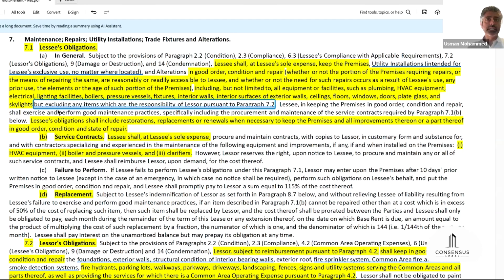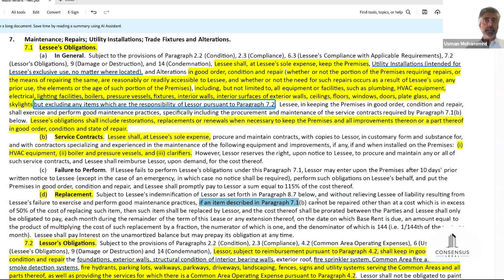Under 7.1d, if there are certain major items that need to be replaced, the AIR CRE lease, consistent with commercial leasing standards generally, does not put the entire burden on lessee. And let's get into this concept.